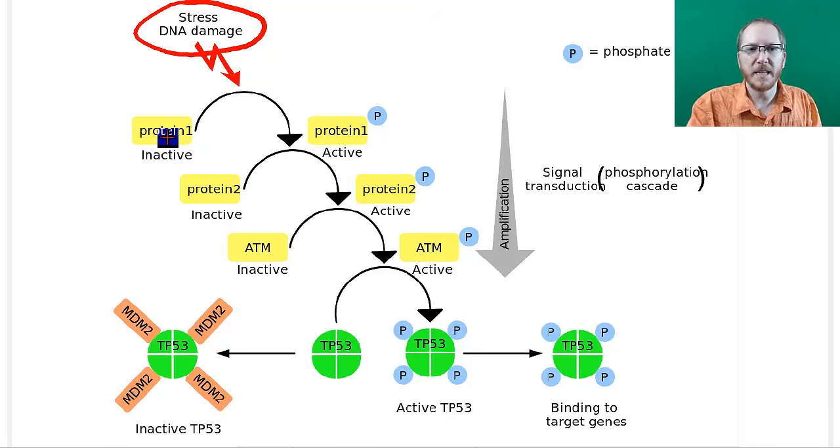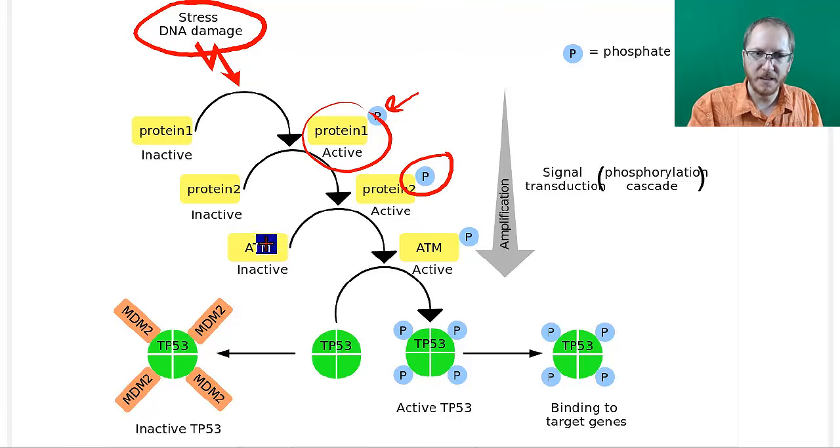We're going to see this idea that you activate this first protein by adding a phosphate, and then that helps catalyze the adding of the next phosphate to the second protein, protein 2. Then protein 2 will catalyze the next guy having a phosphate added, which will activate him until eventually, in this case, we've got TP53.